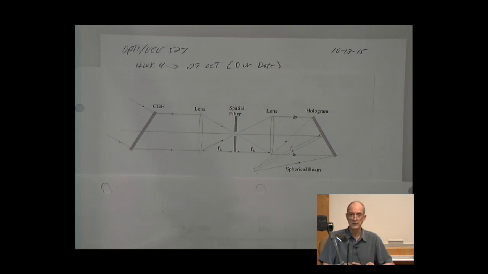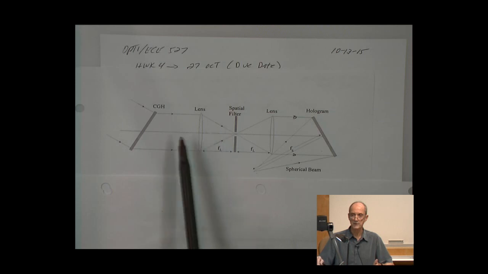Now, in that formulation, if you recall, we had the opposite of this spherical wavefront and the quadratic phase function in that. So the question is, why do it that way? Why not just have the quadratic phase function in that CGH when you replay it?